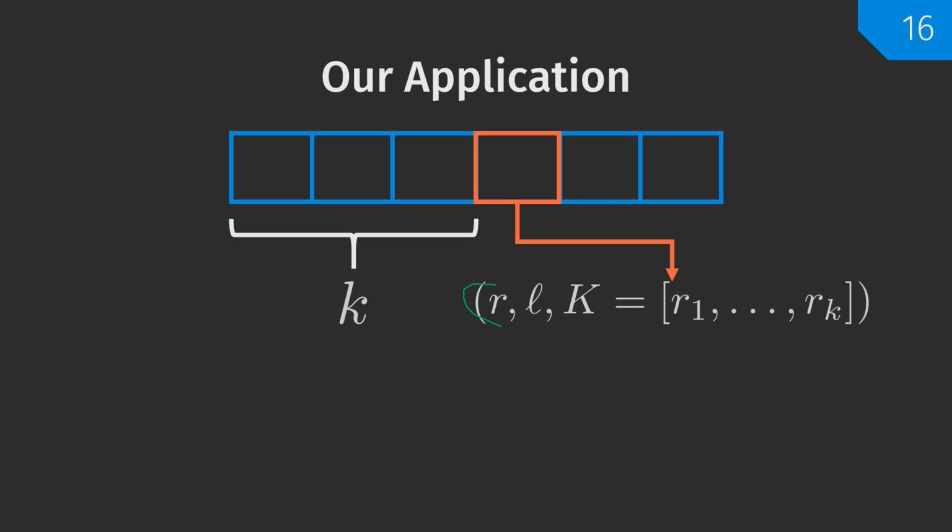First, round identifier, R, the length of message we want to transmit, and an array of encrypted randomness that we will use in a later stage to prove correctness and prevent cheating.